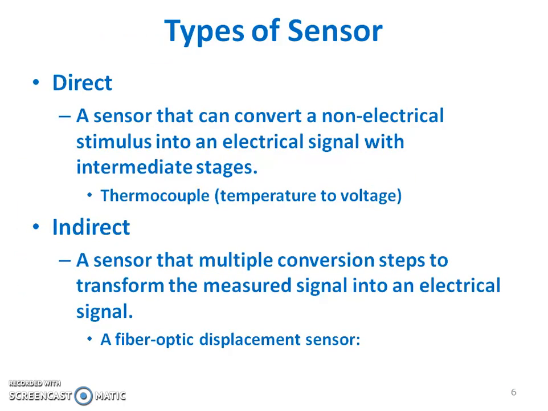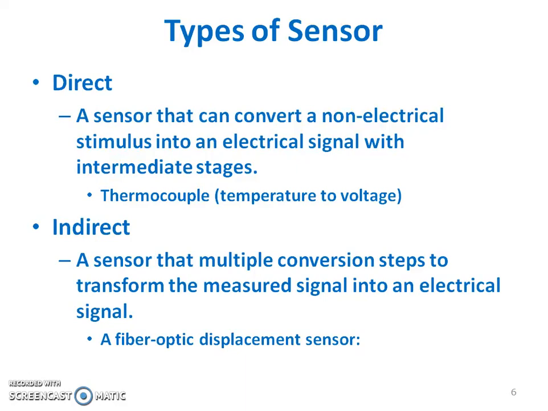Sensors may be of a direct type or indirect type. In the direct type, there is a conversion from a particular physical quantity into an electrical signal. A thermocouple is an example where the temperature is converted into the equivalent voltage.